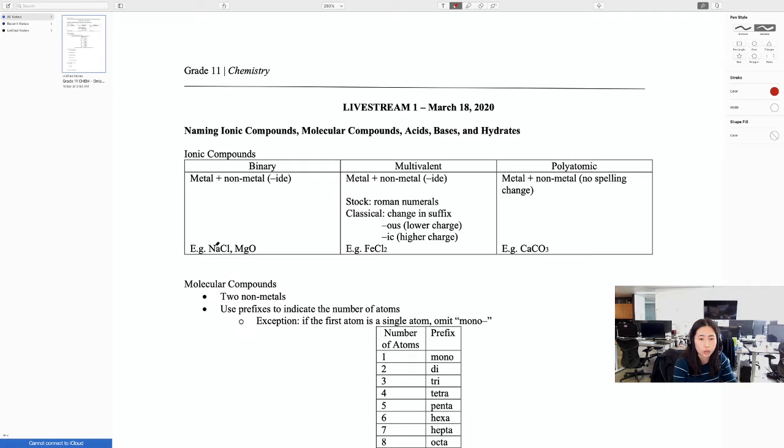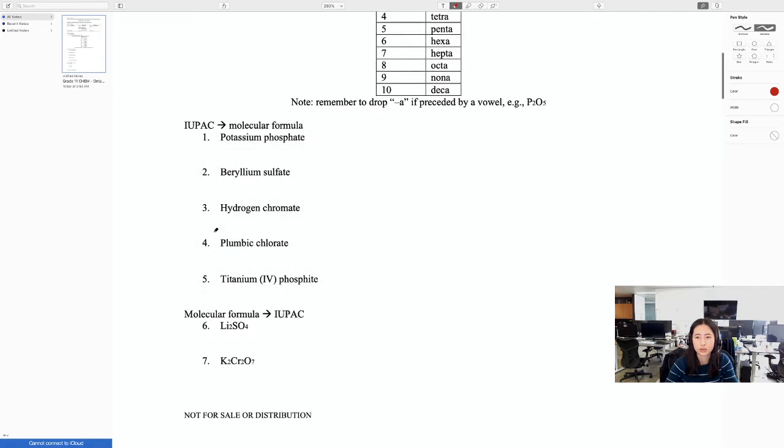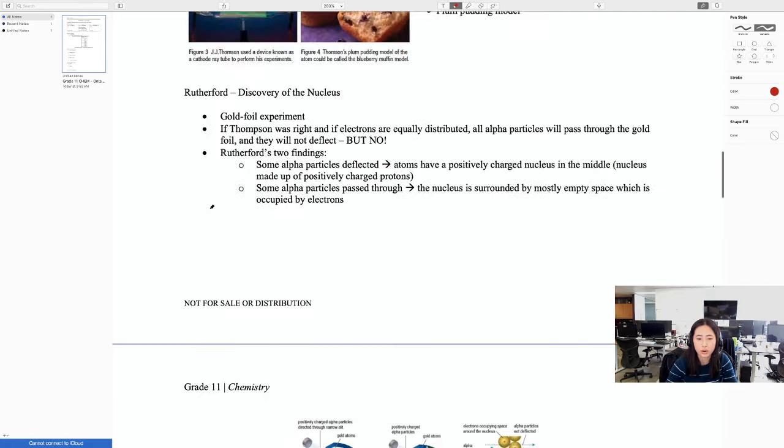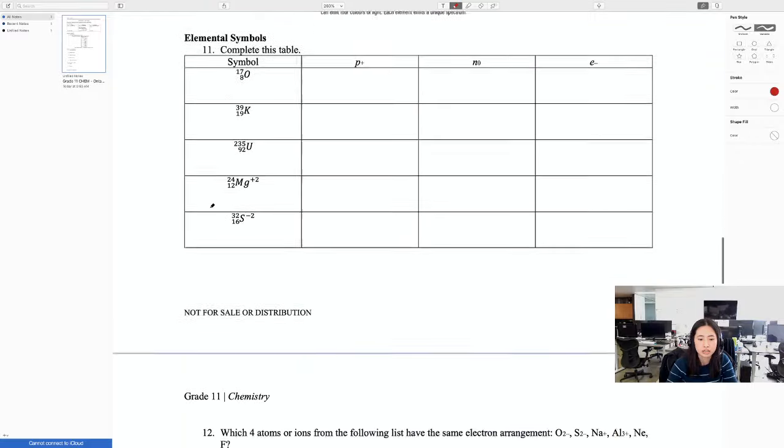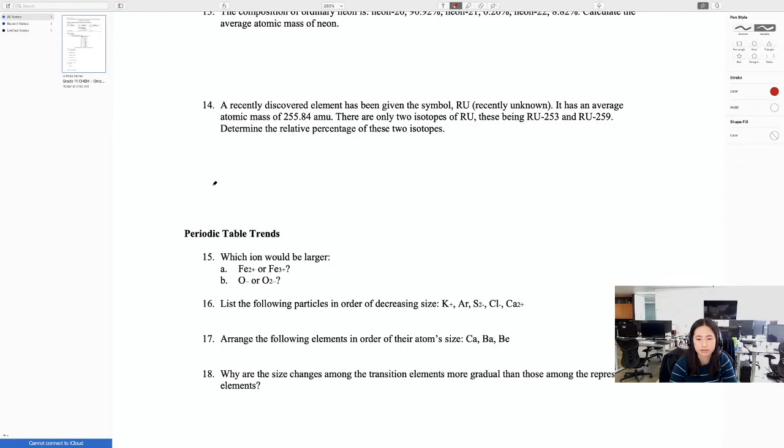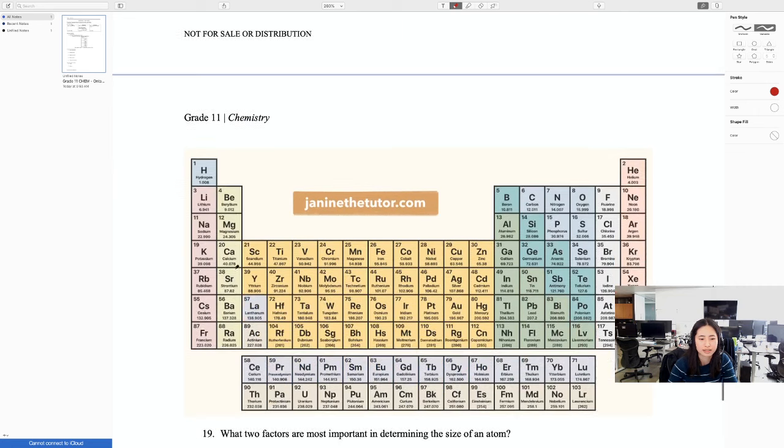Let's go to our periodic table. Sodium is found in group 1, right here, and you have chlorine, which is found in group 7.